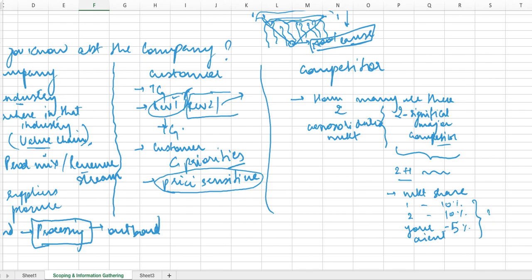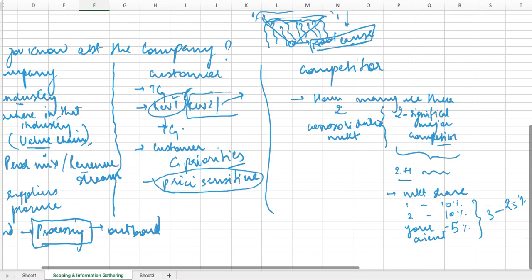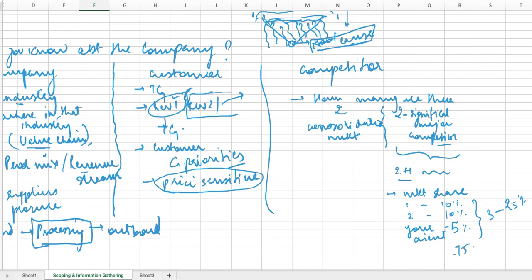So you three combined have 25% of the market share. Now what does it tell you? Only 25% of the market share, and 75% is captured by other competitors, right?